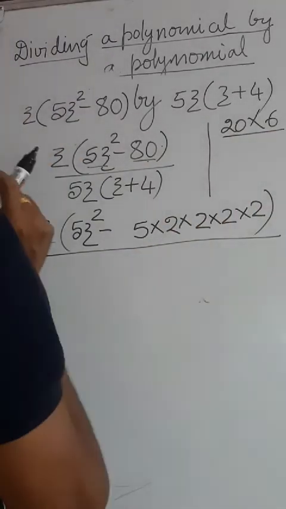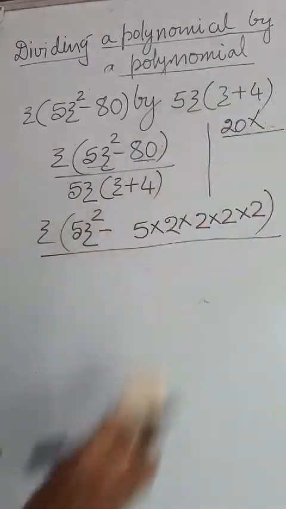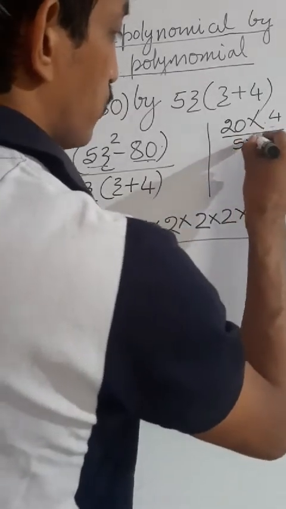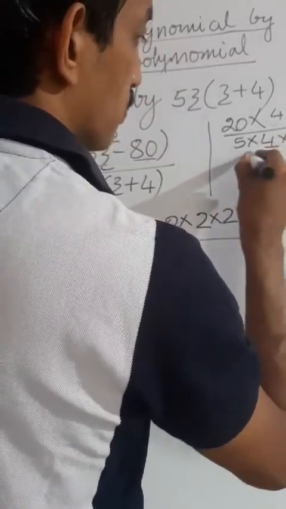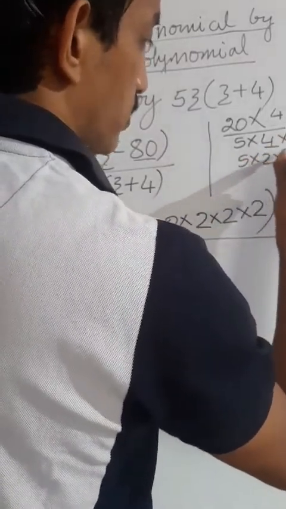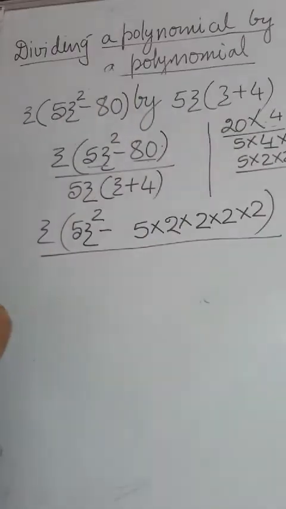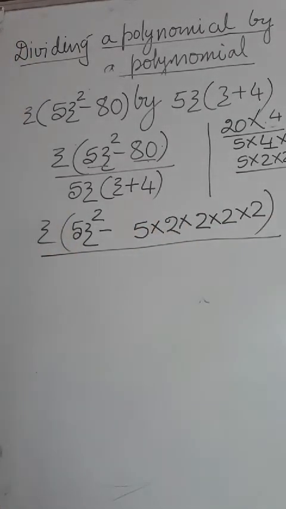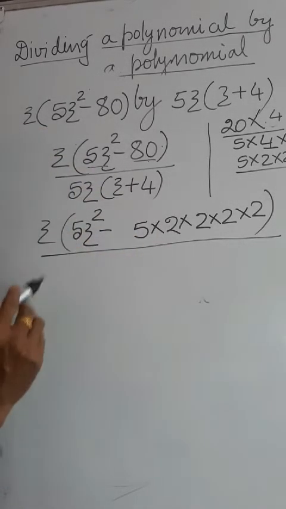If you write this number as 20 into 4, look at this, further simplification, how can I write? 5 into 4, 20, here 2 into 2. Once again this 4, 5 into 2 into 2 into 2. See, that's what I told. Once you write it in simplest form, further simplification is not required. What about this 5? 5 is already in its simplest form.